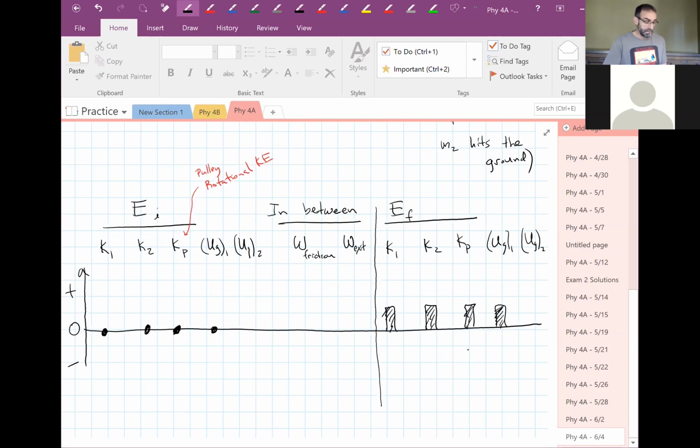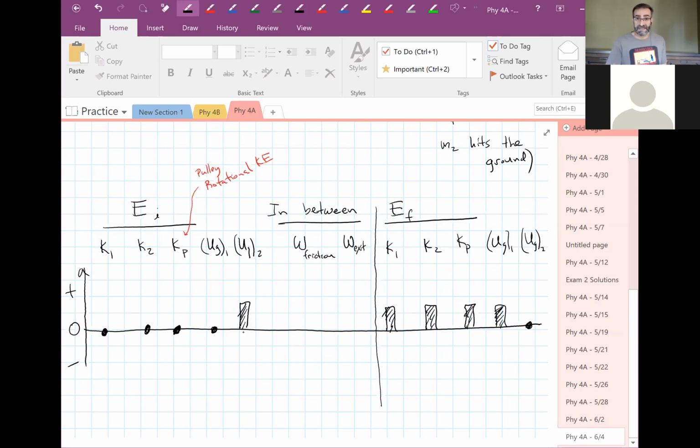Block 2 goes down. I'll pick the end to be 0. So it started out with more than 0. That's a positive number. It started out with some positive gravitational potential energy. If I had picked 0 as my starting height, then how do I get less than 0? I have a negative potential energy at the end, right?